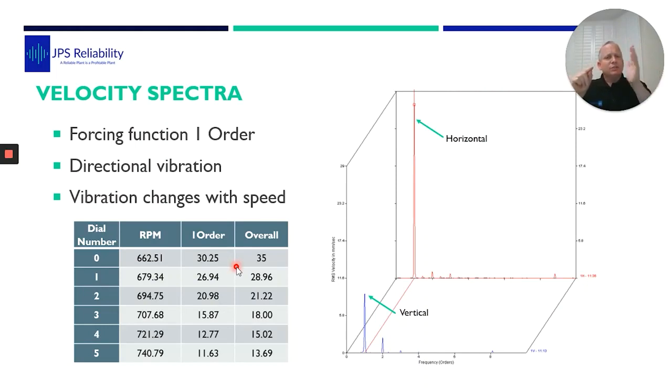So with high directional motion, speed related, force and function one order, the first thing that springs to mind is some sort of resonance. So with a resonance, we can either stiffen it, like on a guitar.